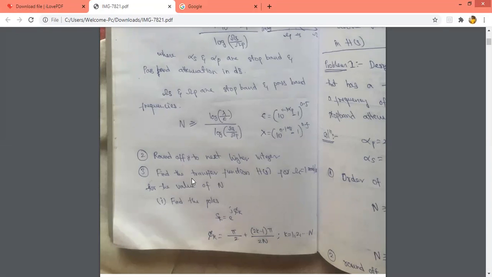To find the transfer function for a cutoff frequency of 1 radian per second, our first step is to find the poles. How do you find the poles? s k is equal to e power j phi k. This is the formula we use to find the poles. What is phi k here? Phi k is equal to pi by 2 plus (2k minus 1) pi by 2n, where k varies from 1 to n.